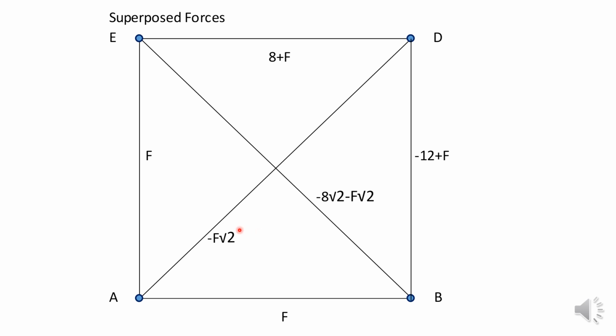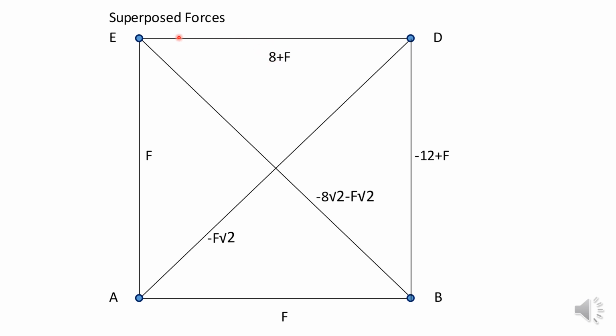Now the superposed forces. We superpose the forces from the 2 previous diagrams. We are just concerned with the Stroop here. The members outside of the Stroop will not change due to the Stroop forces.